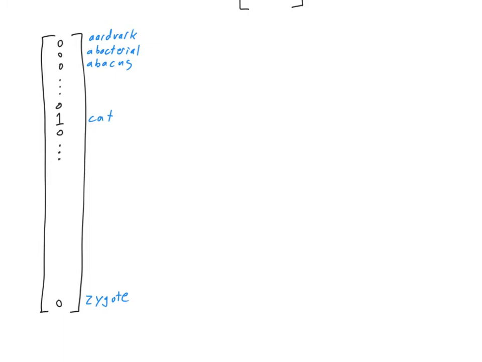This does solve the problem of words that are semantically very different being represented very similarly, in that every word is represented completely differently by being literally the only word to have a 1 in its particular dimension.